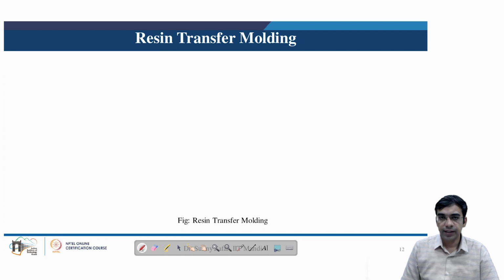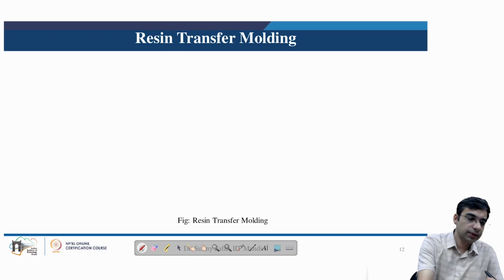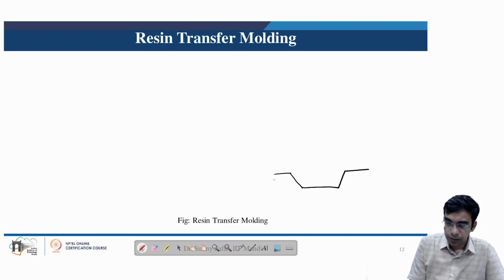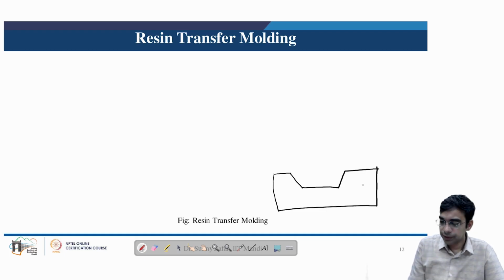So we will now see the schematic of the resin transfer molding process. The resin transfer molding process basically starts with the presence of a mold. So this is basically the lower half of the mold. In the lower half of the mold, there can be certain heating coils.